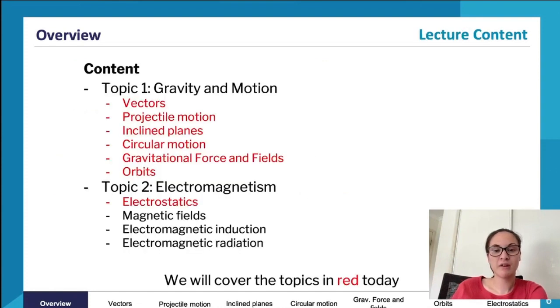So today we're going to cover the topics in red. We've got gravity and motion, that's for topic 1 of unit 3. We're going to cover vectors, projectile motion, inclined planes, circular motion, gravitational force and fields, and orbits.